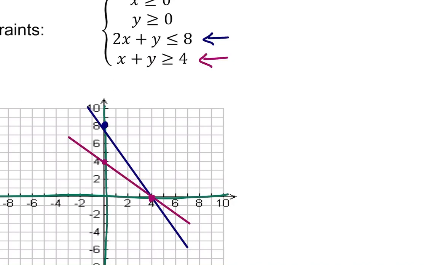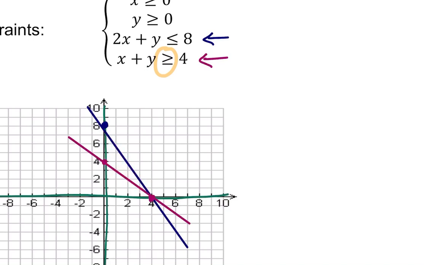All right. So here we have, and again, this one is above, greater than or equal to 4. So the region that we are interested in is going to be this particular region right there. Everything in here is going to be the region that we are interested in.